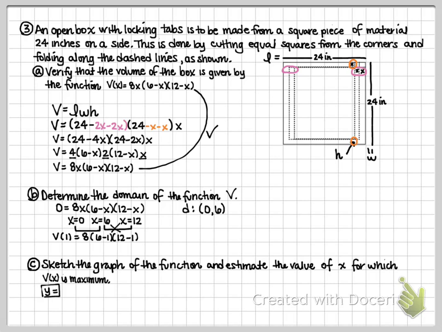And I'm going to clear out anything that's in there, and type the original function into my y1, my V of x, the one that I found out. So that's going to give me 8x, 6 minus x, 12 minus x. So type that in. Now we already know what the domain is. We don't want to look at anything outside of 0 to 6.